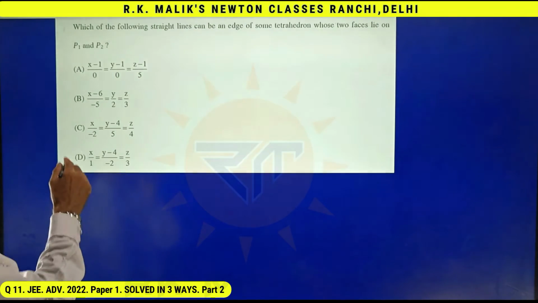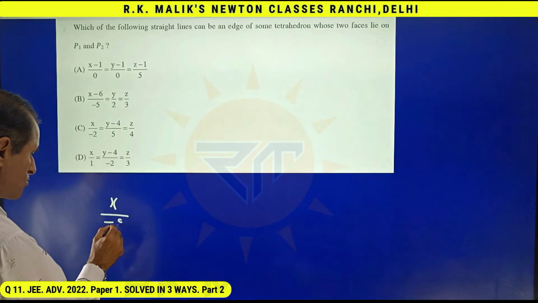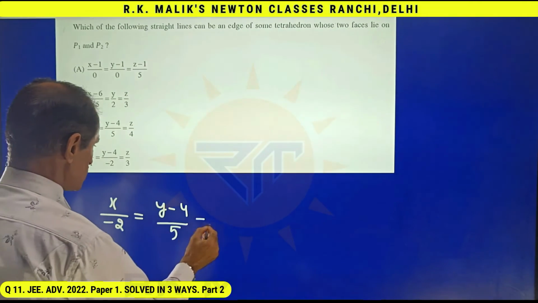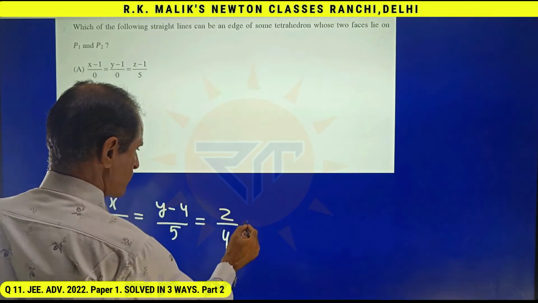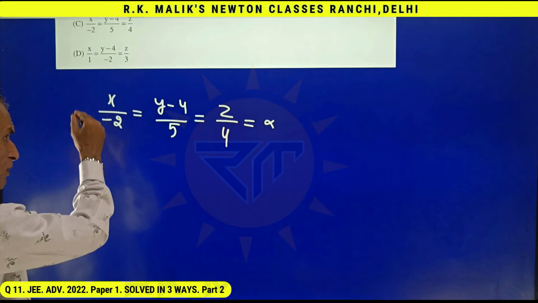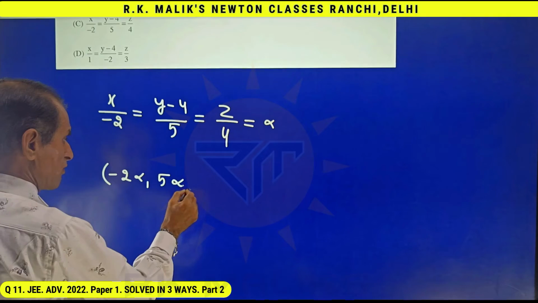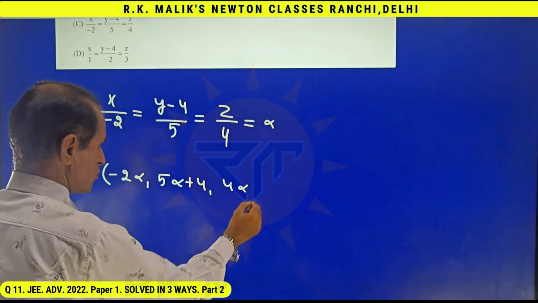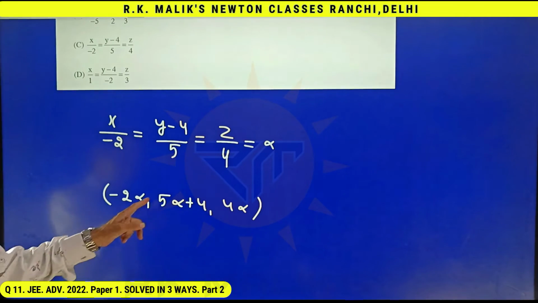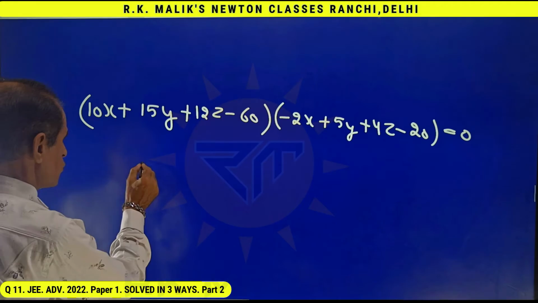And now let us take the third case. The equation of line is given as x upon minus 2 equal to y minus 4 by 5 equal to z by 4. Again, let it be equal to alpha. Therefore, any point on this line will have coordinates minus 2 alpha, 5 alpha plus 4 and 4 alpha. And as I told you in theory, now I will put this point in this combined equation of two planes.